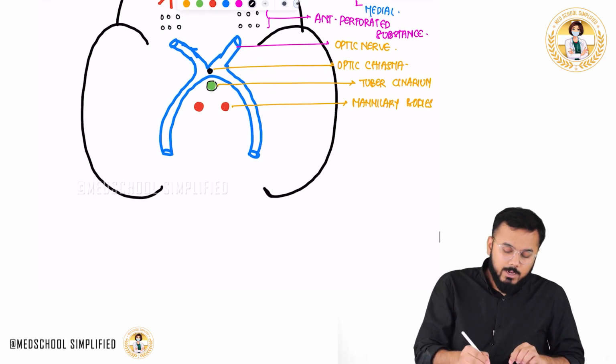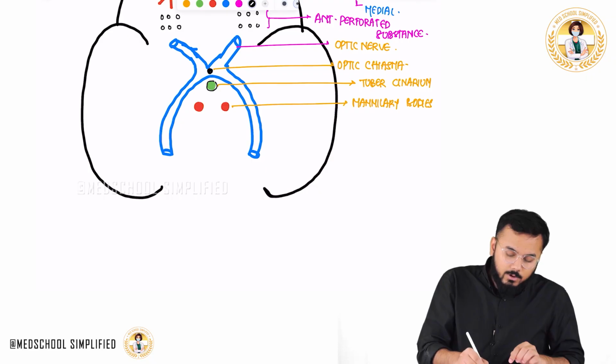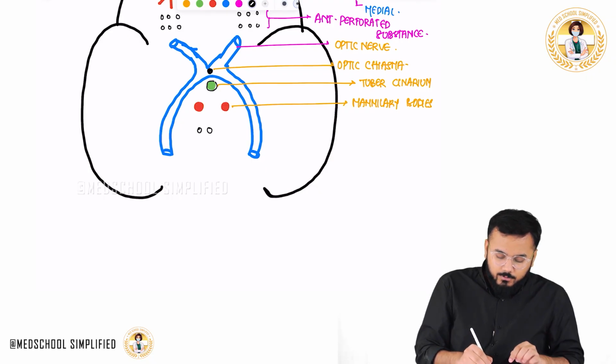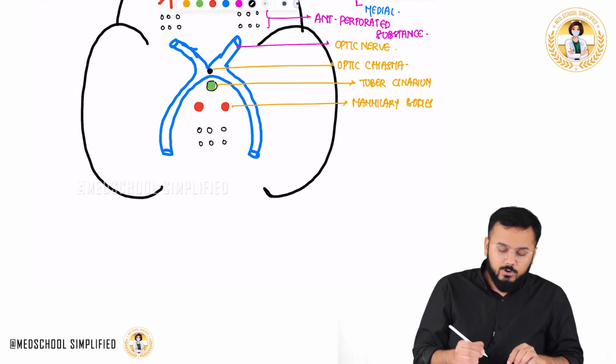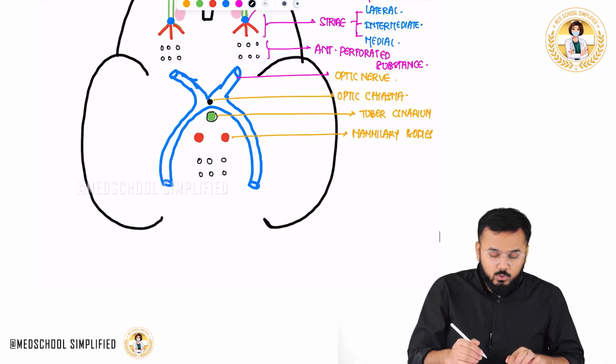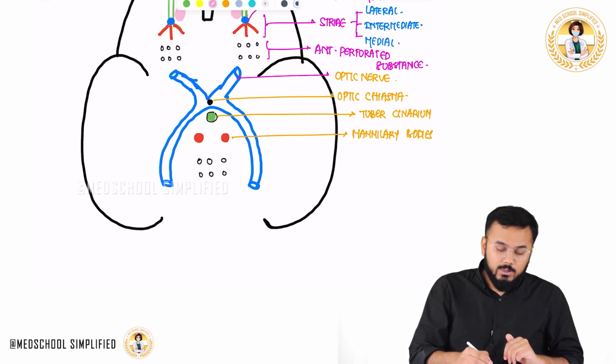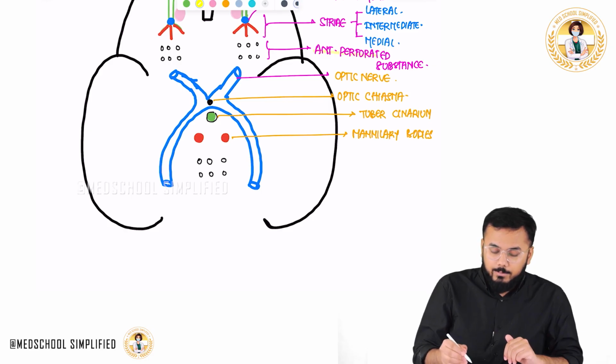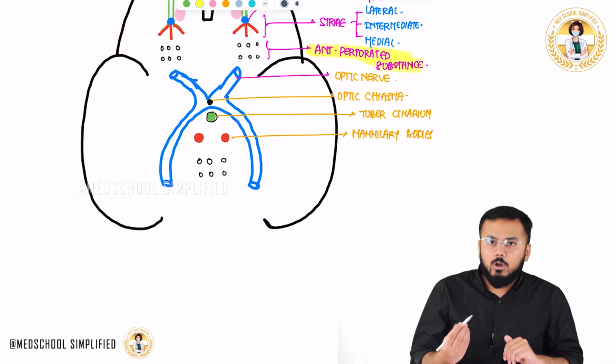Now behind these mammillary bodies, you have got perforations here. You see these perforations or holes. So these perforations are located back, right? So there are some perforations which are located in the front. What did you name them? You name them as anterior perforated substance. Then these perforations which are on the back should be called as what?